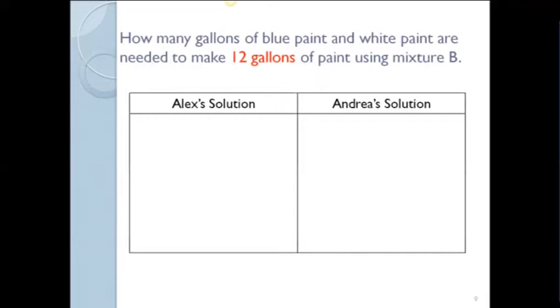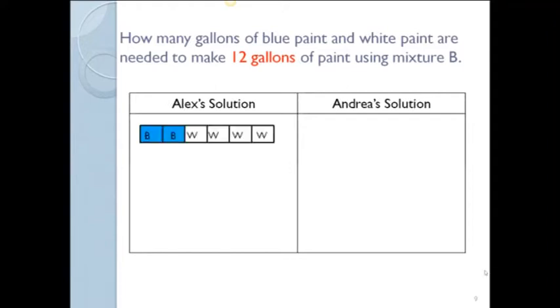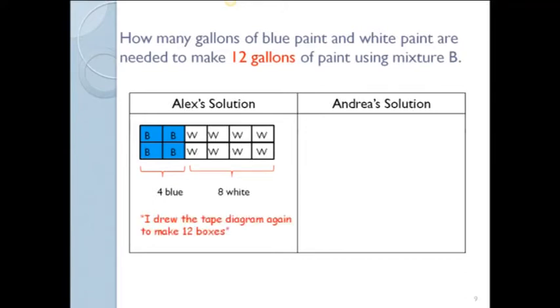How many gallons of blue paint and white paint are needed to make 12 gallons of paint using mixture B? Alex draws the 2 blue to 4 white ratio, which is 6 total parts, then proportionally doubles it to 12 parts, and we can see how much blue and white are needed to make 12 total gallons of mixture.